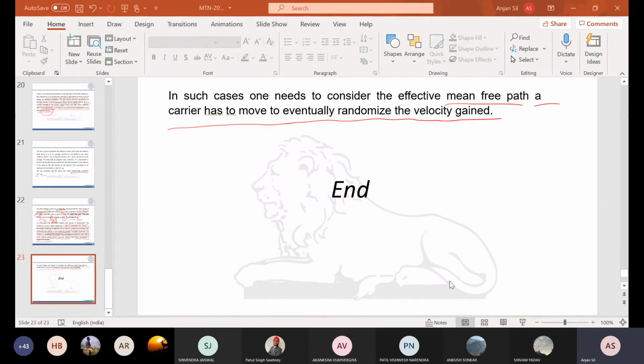Okay, mobility. How do you define mobility? As yesterday also I have defined mobility. What is the definition of mobility? So like the ability of the electron to move with the electric field.